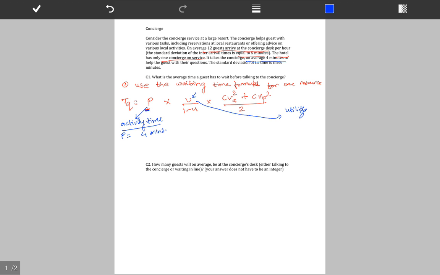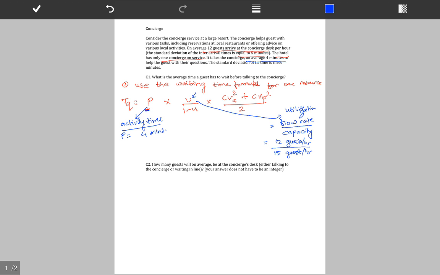Utilization is nothing but flow rate divided by the capacity. Remember, in the waiting time formula, flow rate is given by the demand. In this case, the demand is 12 guests per hour and the capacity is 15 guests per hour.